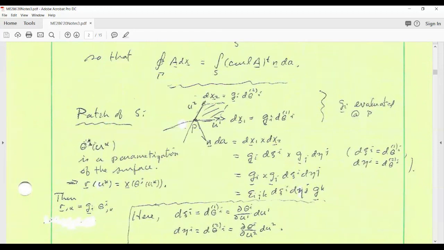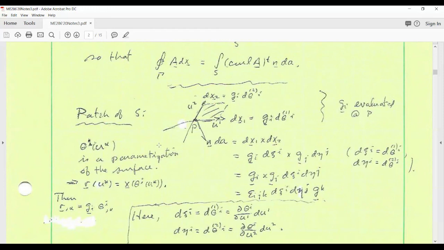So if we put this parameterization into our position function in space, then we have a vector valued position function of the 2 parameters, ultimately by giving these theta i's as functions of u1 and u2. So this left-hand side is the parametric representation of position on the surface.